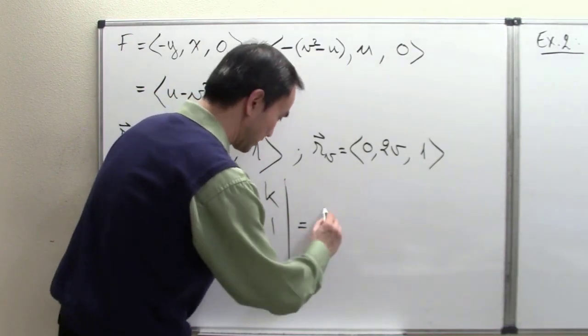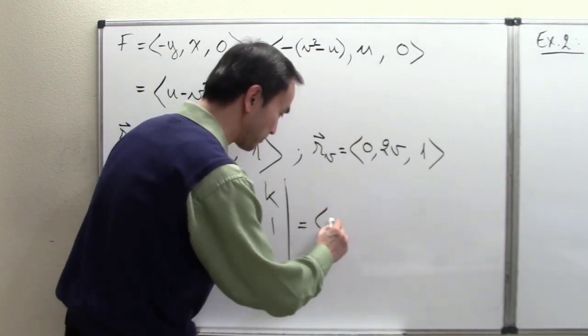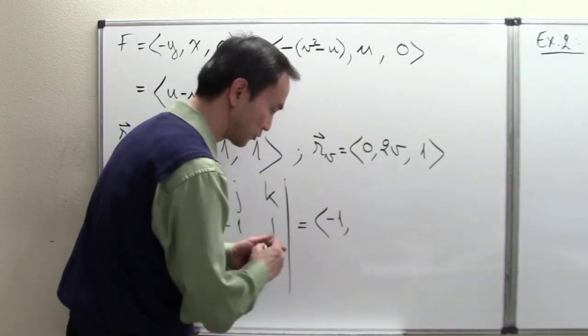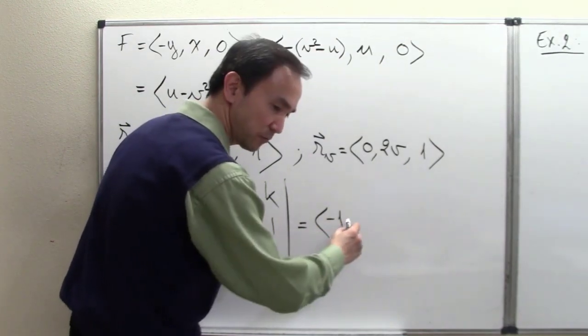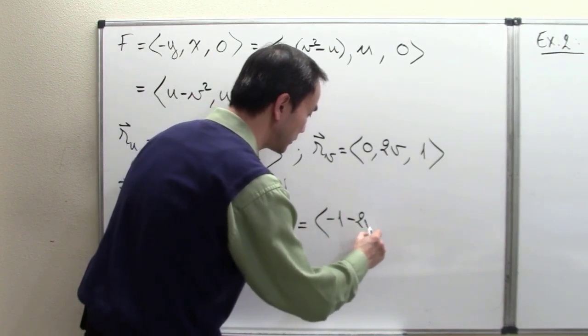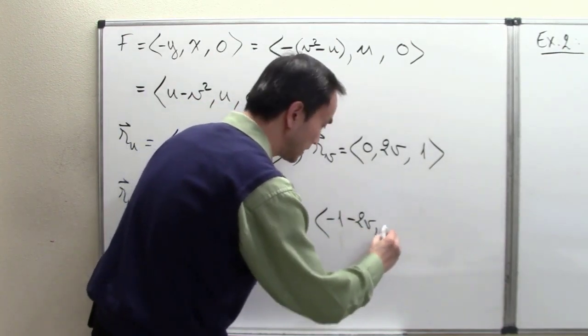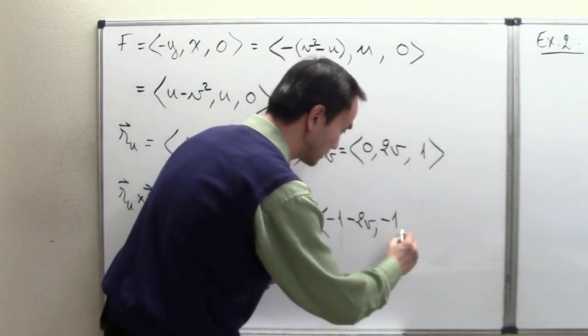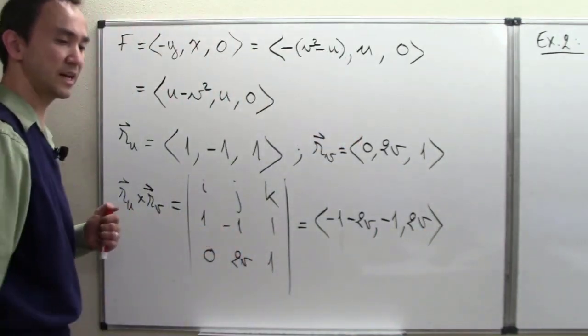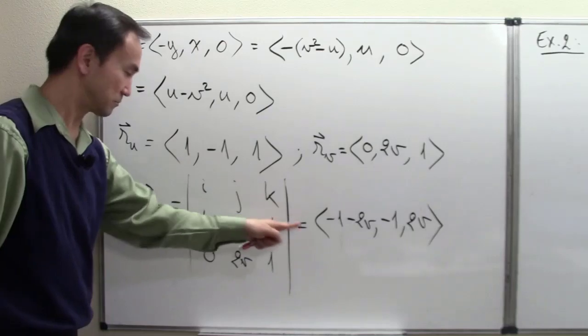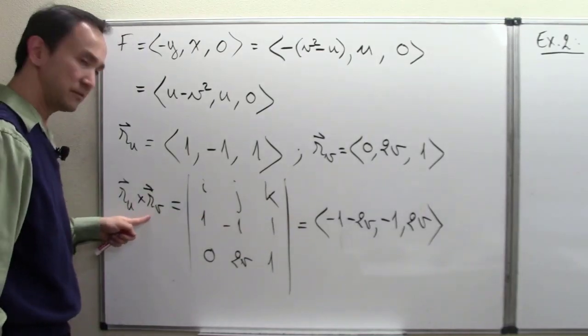It's going to be negative 1 minus 2v, comma, negative 1, comma, 2v. So that's what it is for our r sub u cross r sub v.